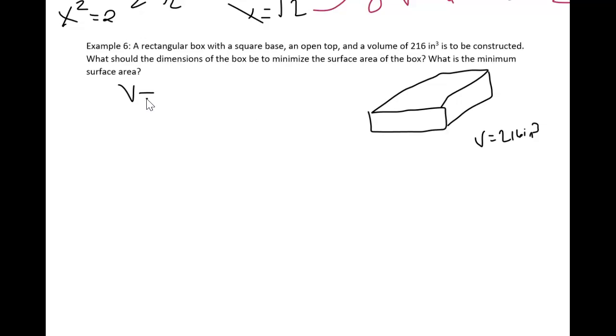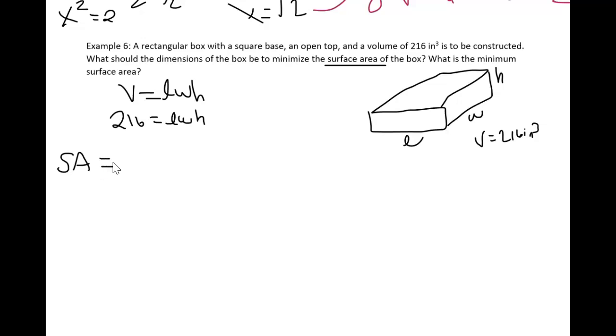So first off, I know volume is equal to length times width times height. So here's length, width, and height. And then I know in this problem that that's equal to 216. Oh, I missed a detail, and I'll bring it back in a second. You may not have missed this detail. And then the surface area with the open top.